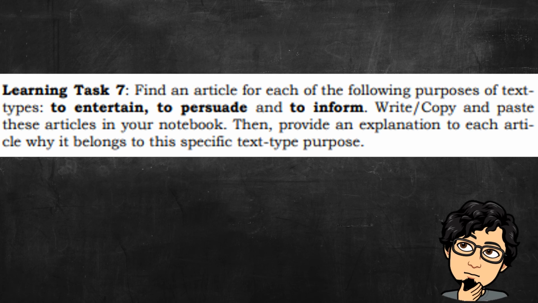For our final learning task, find an article for each of the following purposes of text types: to entertain, to persuade, and to inform. Write, copy, and paste these articles on your paper. Then provide an explanation to each article why it belongs to this specific type of text purpose.